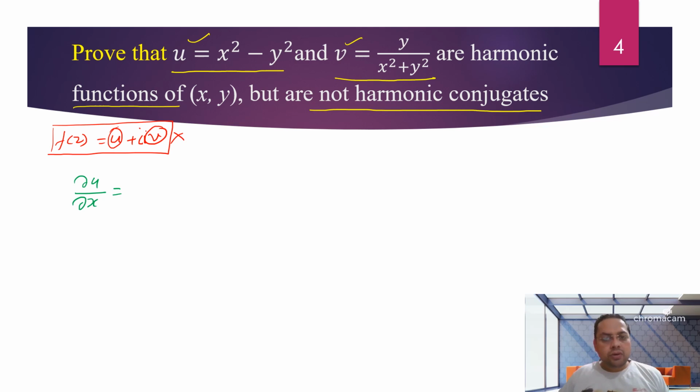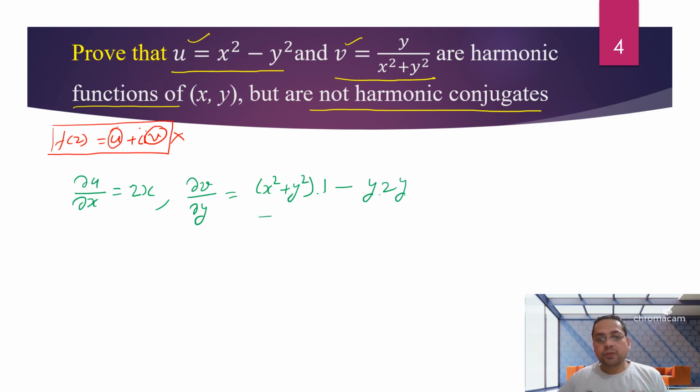We will have 2x, and del u del v over del y, the partial differentiation of v with respect to y, is equal to: first, the denominator is the same, the differentiation of the numerator with respect to y is 1 minus y, the denominator is the same, and the partial differentiation of the denominator is 2y over x square plus y square to the power 2.